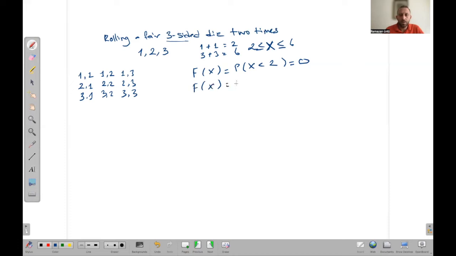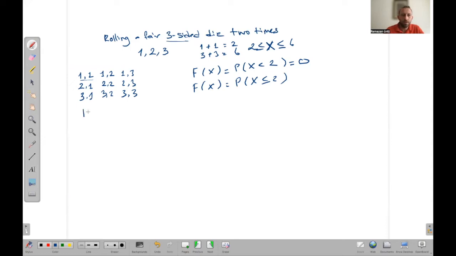The second one is the probability of x is less than or equal to 2. Which subsets satisfy this inequality? Only this one, right? Any other subset will be greater than 2. So how can I calculate the probability?